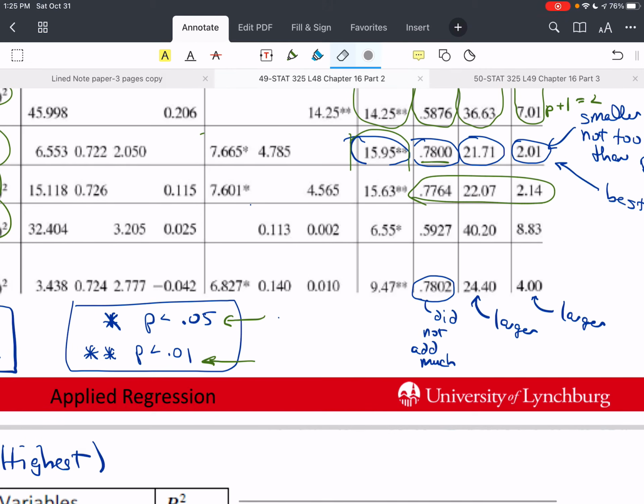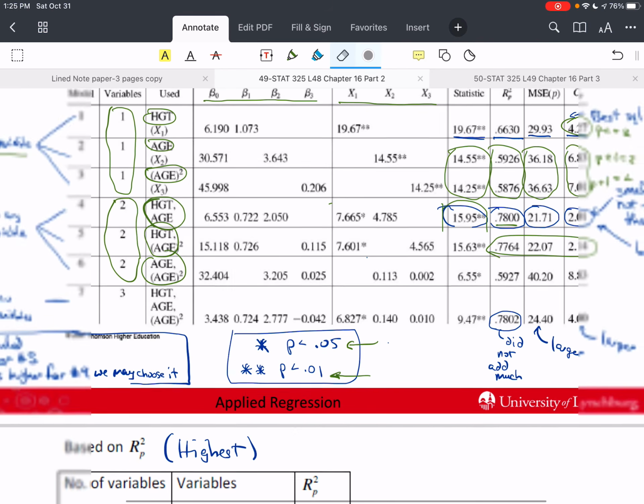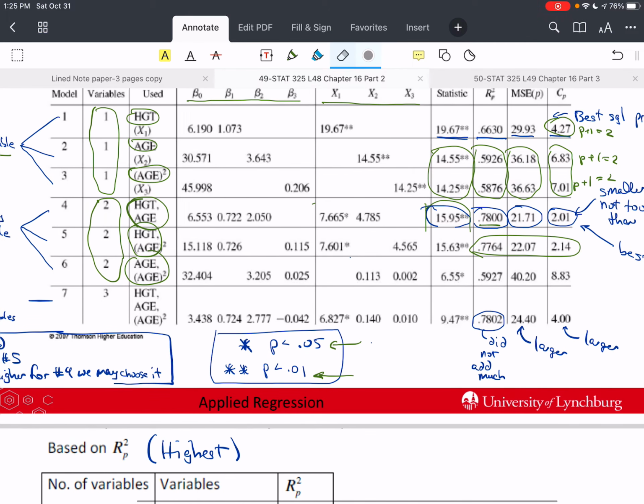Okay. So let's look at the 3-variable model with height, age, and age squared. And we'll notice that the F statistic is noticeably smaller. I shouldn't say significant. I'm not talking statistically significant. I'm just talking noticeably different. And even though R squared always gets bigger, it's only by 0.0002. So it really did not add much.